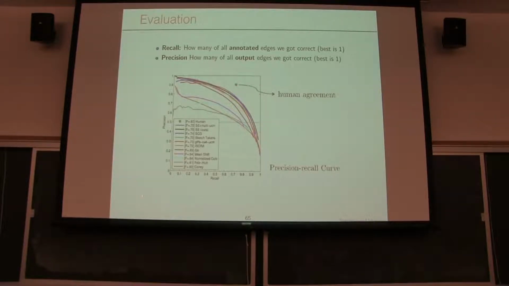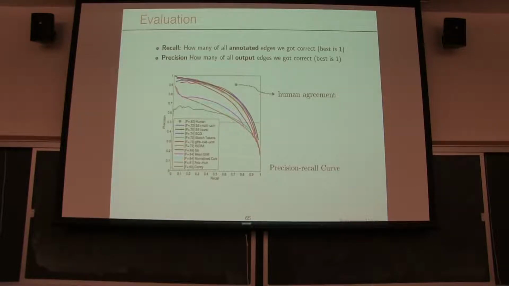Your Canny edge detector is this one over here. Again, keep in mind that the perfect performance will be this corner, 100% recall, 100% precision. And the segmentation algorithm that I just described is the black curve, which is here.